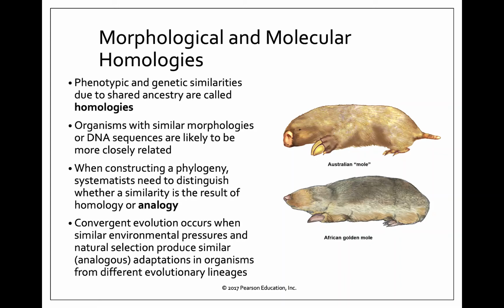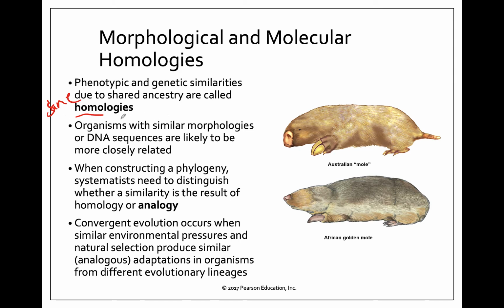We build phylogenies based on similarities of ancestry, because the phylogeny is a guess at who is most closely evolutionarily related to who. So we want to make sure that phylogenetics are based on something called homologies. Homo meaning same, or that they came from a common ancestry.